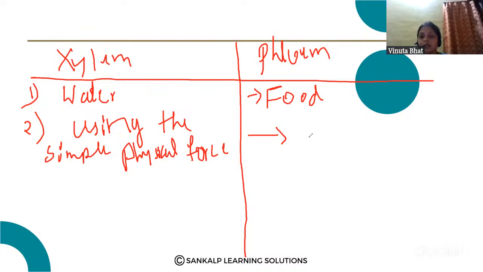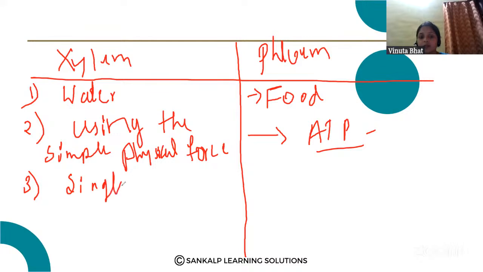But phloem needs ATP, adenosine triphosphate, the energy currency, to transport the food. ATP is required. One more difference is that in xylem, the transport of the water is in a single direction, from root to the shoots.